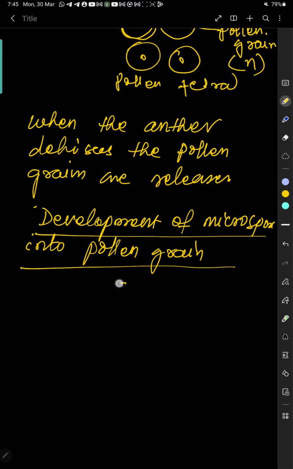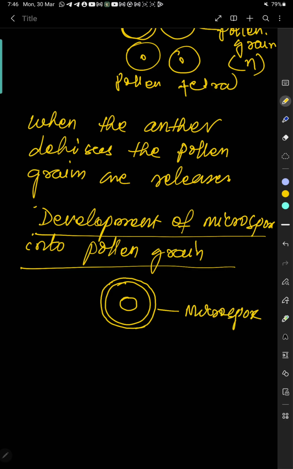So now let us take one microspore. Each microspore has two coverings, an outer covering, and a single nucleus. So this is a microspore.